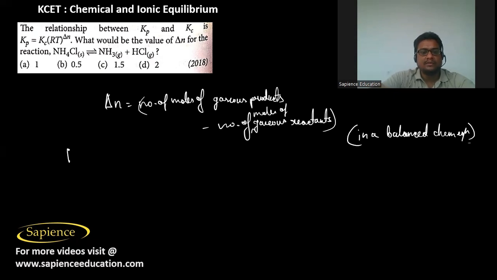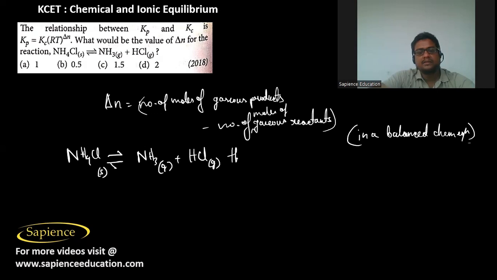So therefore when NH4Cl goes to NH3 gas plus HCl gas, then what happens?